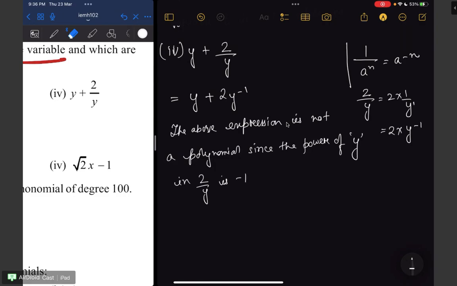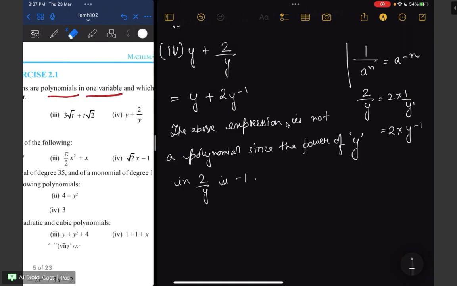Language can be changed a little bit, there's no issue with that. The above expression is not a polynomial since the power of y in 2 to the power y is minus 1. Alright, let's go to the next sum.